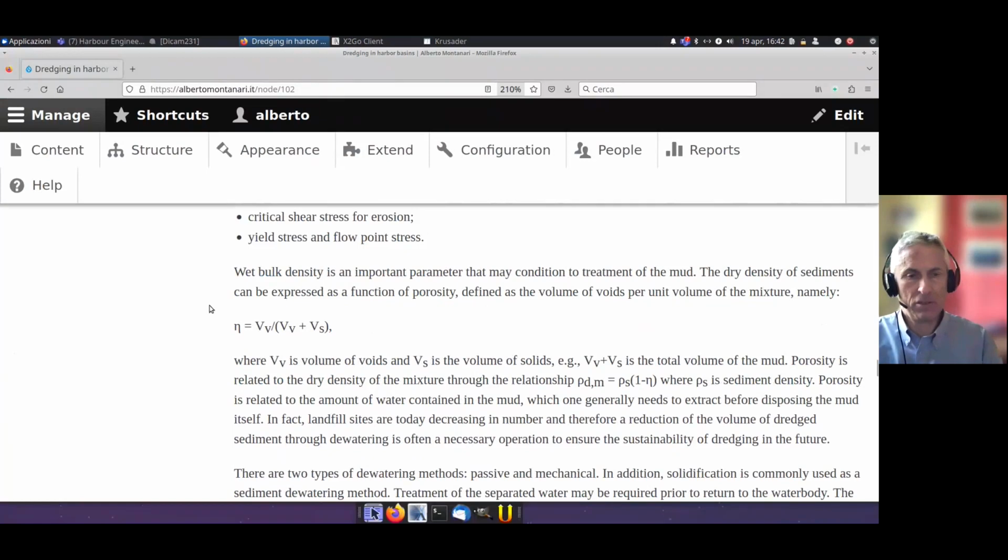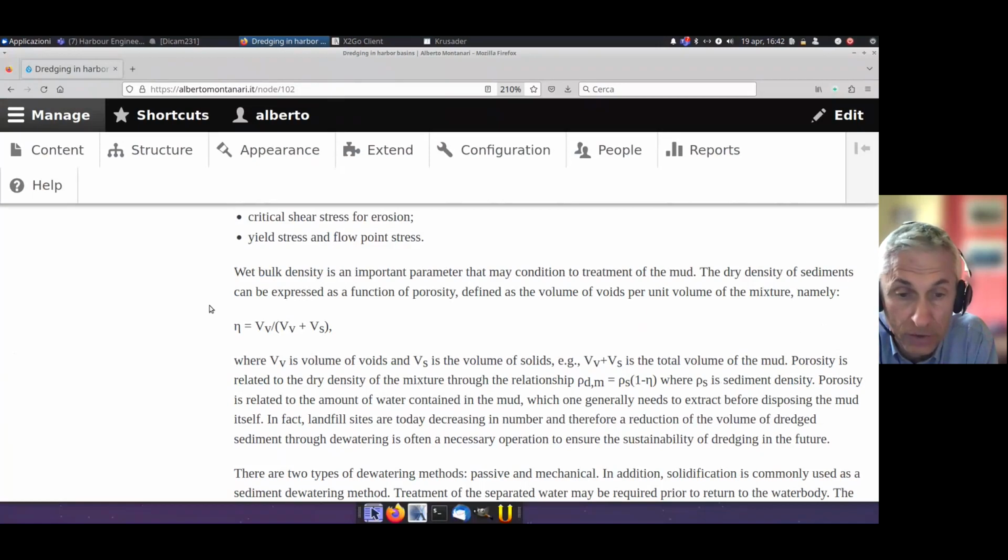This is the porosity, which is defined as the volume of voids divided by the total volume of the mud, which is given by the sum at the denominator of the volume of voids plus the volume of solid. Okay, and therefore the dry density of sediments is expressed as a function of porosity.